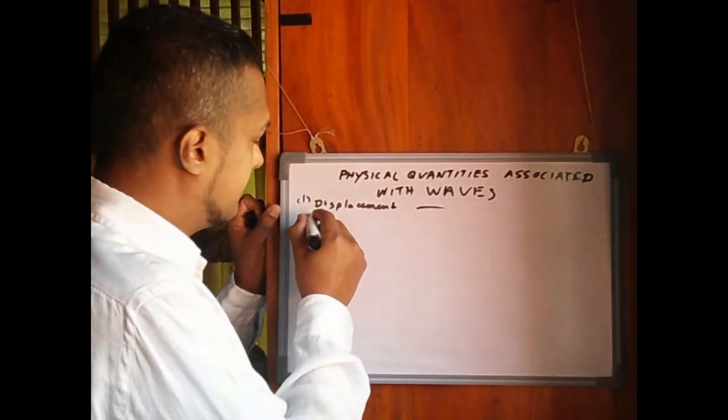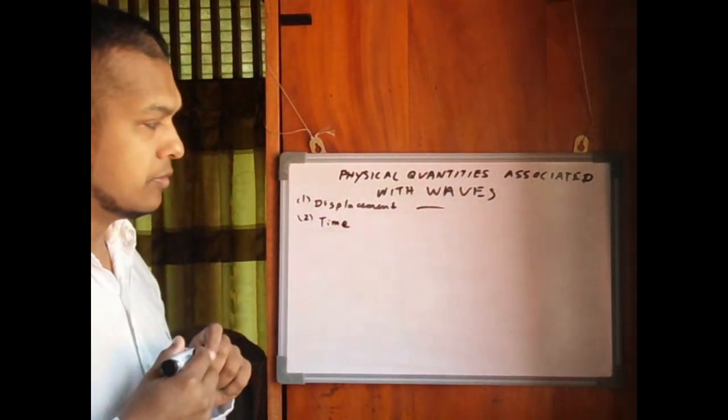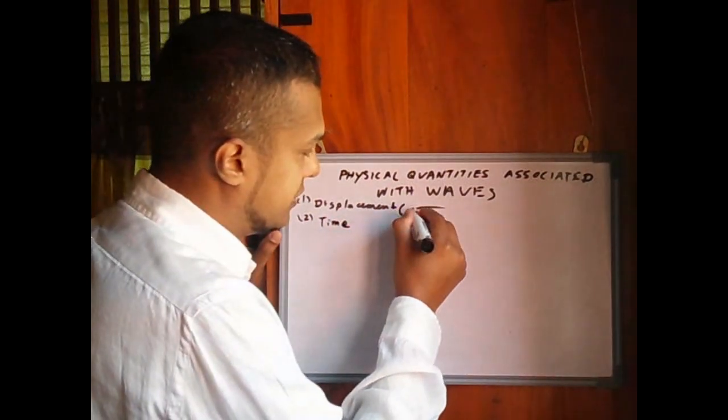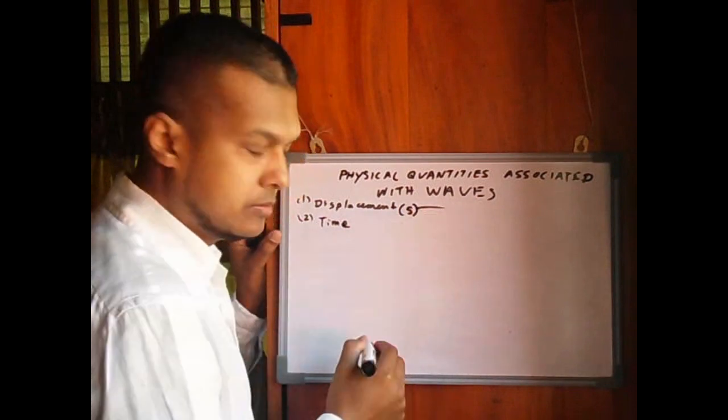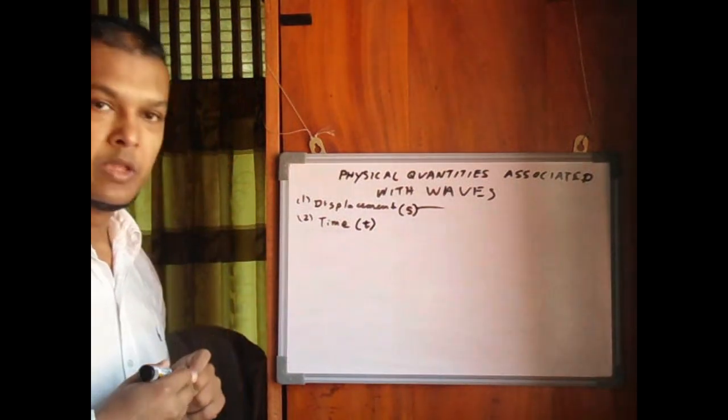And the second parameter would be time. Displacement we usually put the symbol S, and time we put simply T.